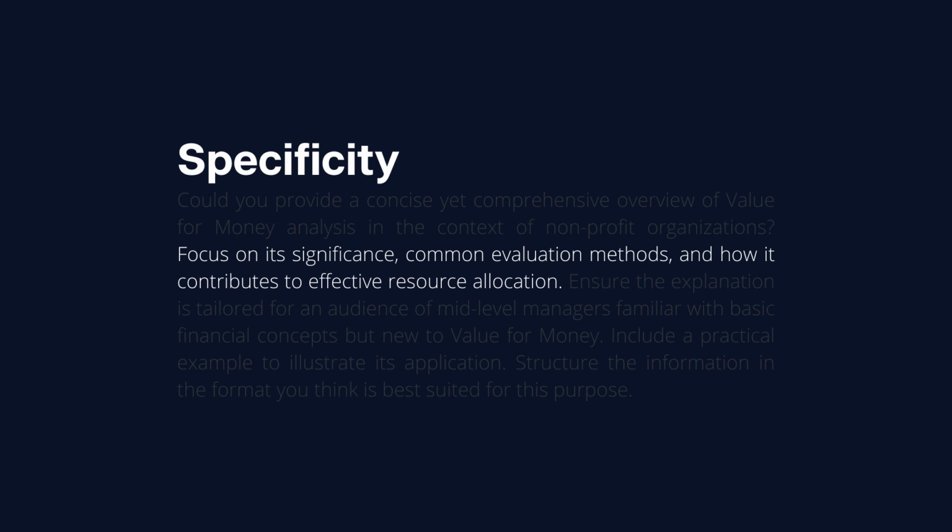It tells Chat-GPT not just to wander through the broad fields of value for money analysis, but to pinpoint the markers that matter: its impact, the ways we assess it, and its role in distributing resources wisely. This specificity is like setting coordinates for Chat-GPT, ensuring our journey together hones in on the crucial aspects that truly enhance decision-making in the realm of nonprofit organizations.